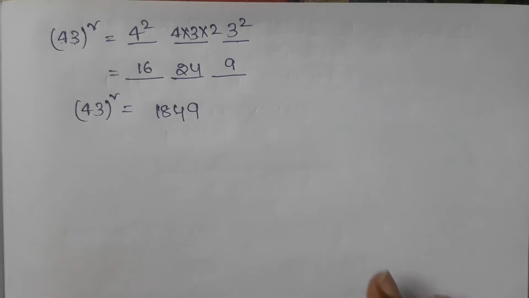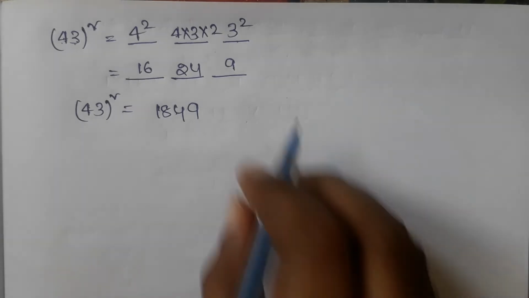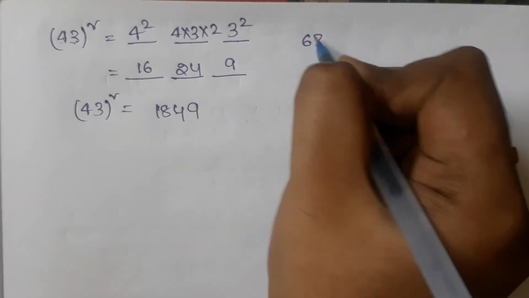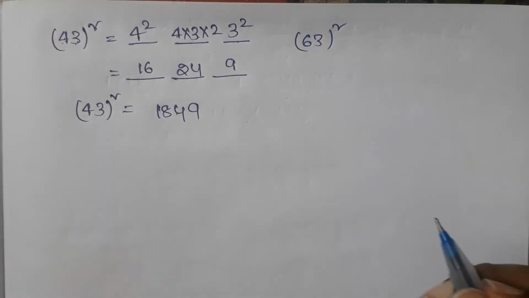1849. Now let us see another example, that is 63 whole square.